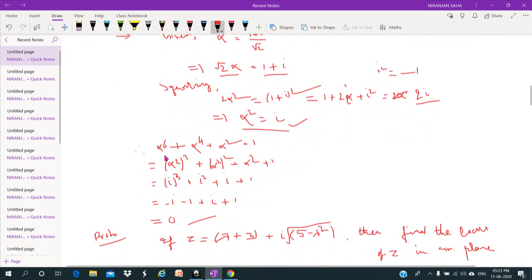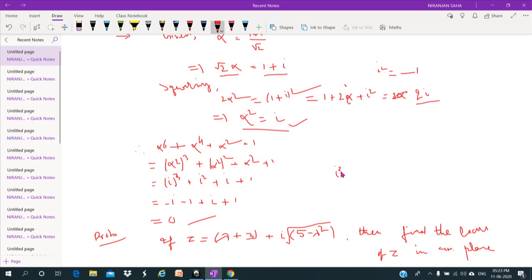So alpha square is equal to iota. Now we put the value of alpha square in this expression. Alpha to the power 4 can be written as alpha square whole square, and alpha to the power 6 as alpha square whole cube. So there is iota whole cube, since the alpha square value is iota, plus iota square, plus iota, plus 1. Iota cube, what will it be?